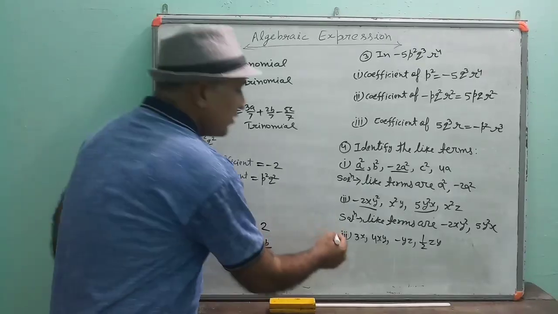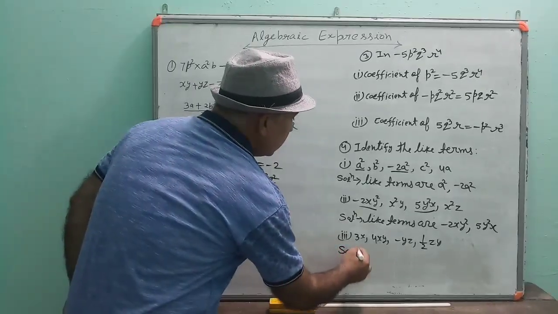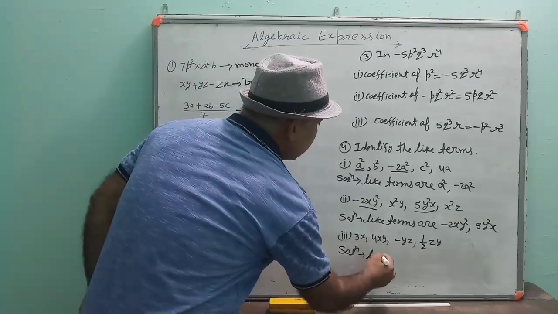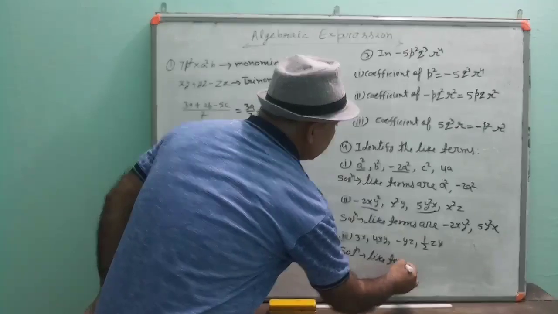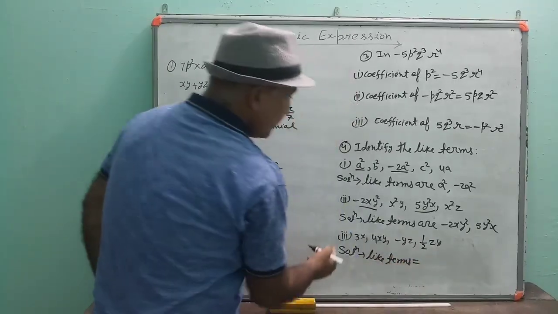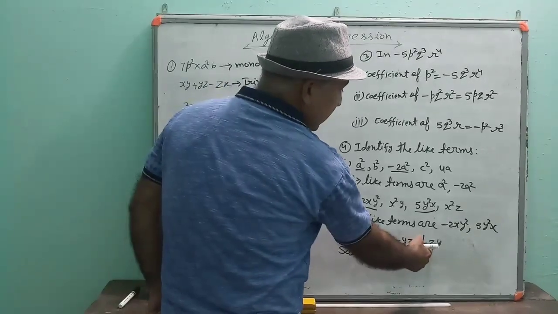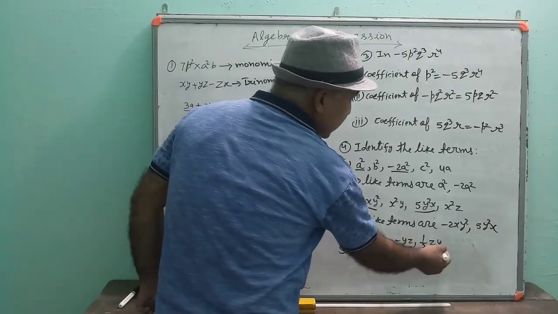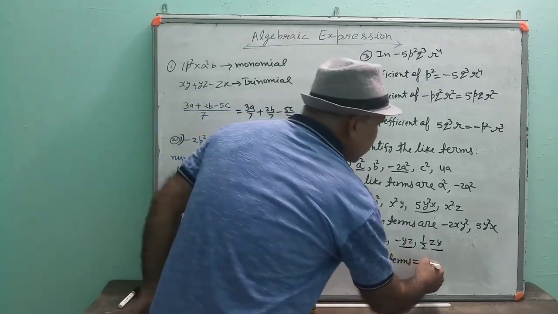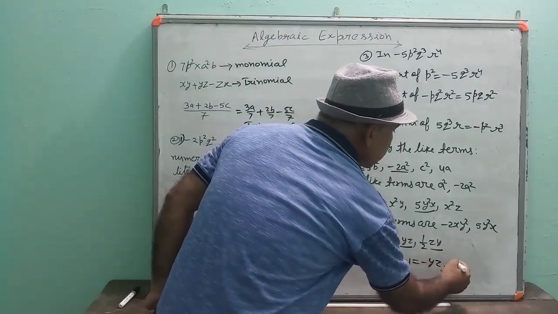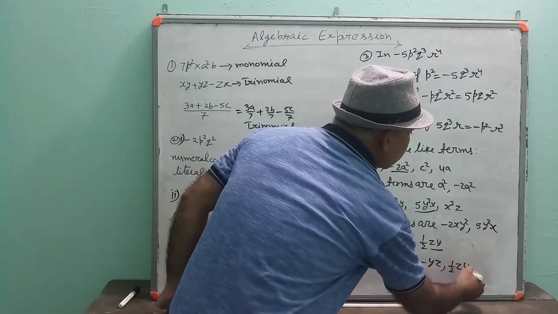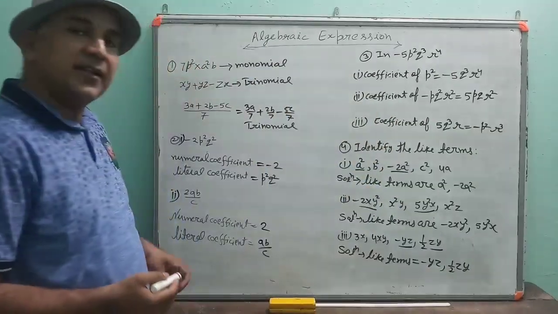Okay. Similarly, in the last one, what are the like terms? See, 3x, 4xy, minus yz, half zy. So yz is here and here also. That means minus yz and half zy. These are the like terms.